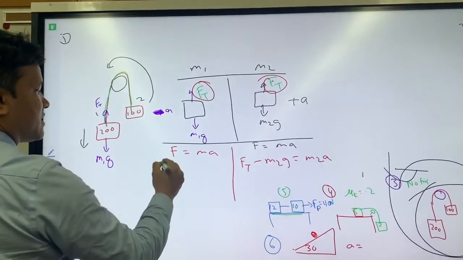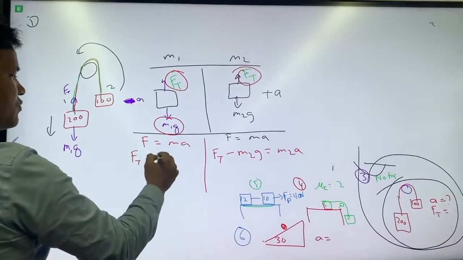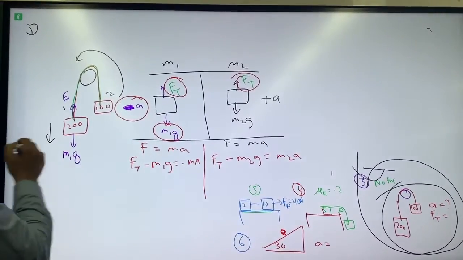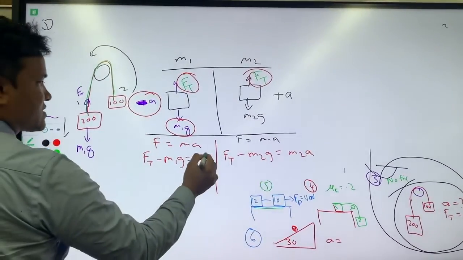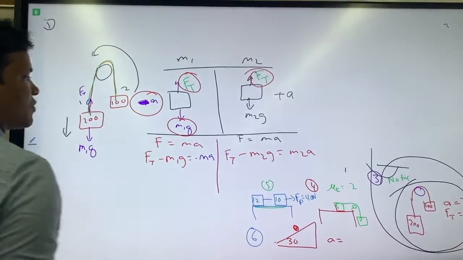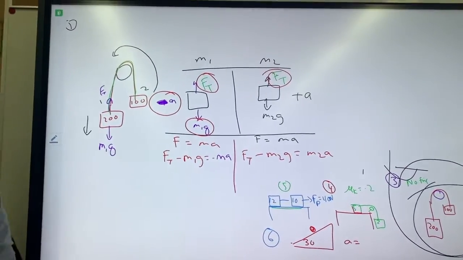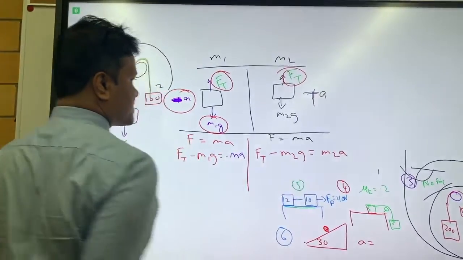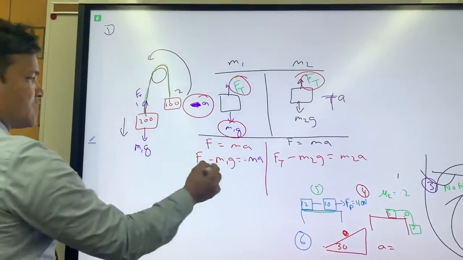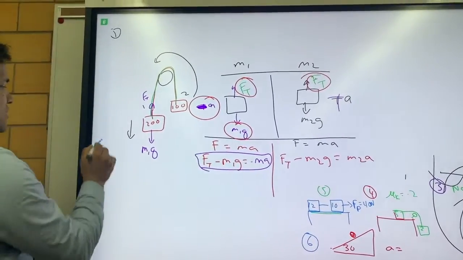Ft minus M1g is equal to minus M1a. Why minus? Because this is negative. Why is this positive? Because this is positive. Okay, now I have two equations. I'm going to put them on top of each other.